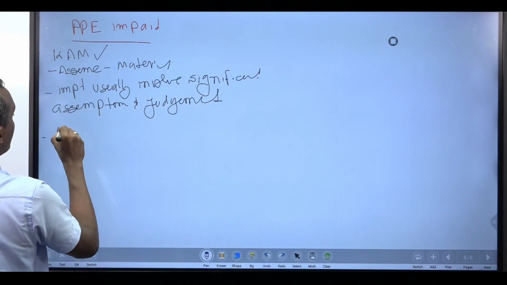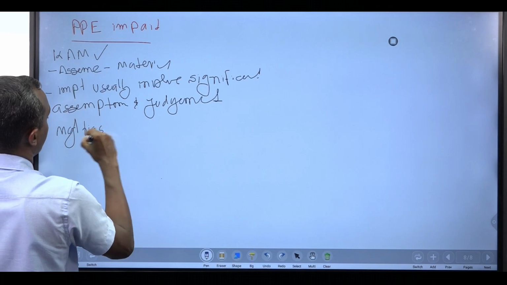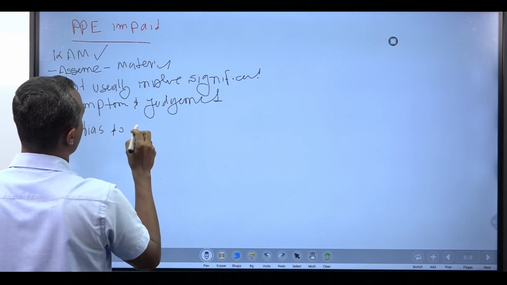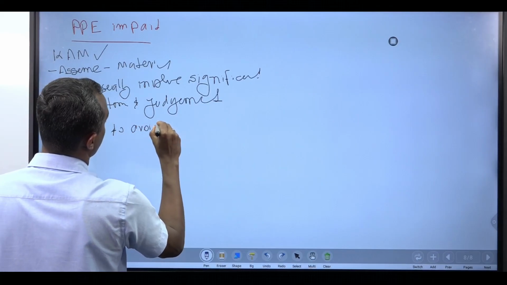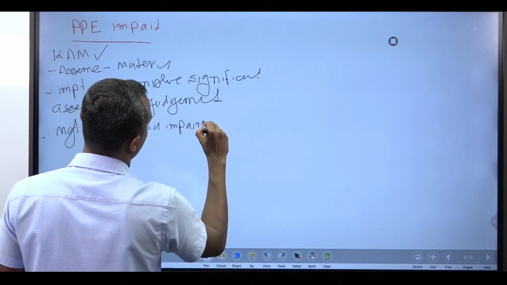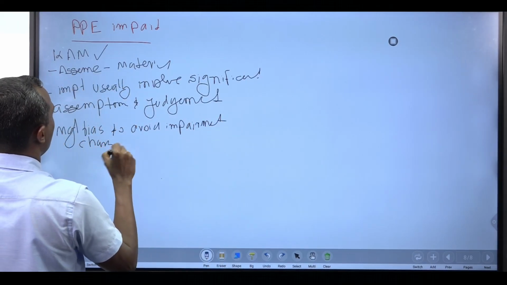And then you can also write the previous reason: management bias to avoid an impairment charge. So that is like a fraud risk factor. So these are enough reasons.